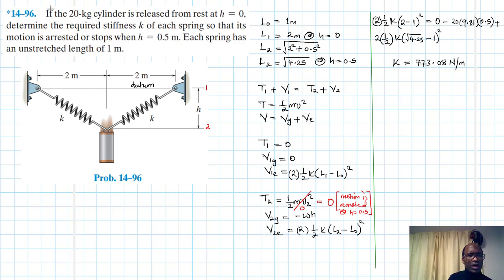Of course, we do have a weight here, it's just W. I think this is about it. We have found the spring stiffness, which is equal to 773.08 newtons per meter.